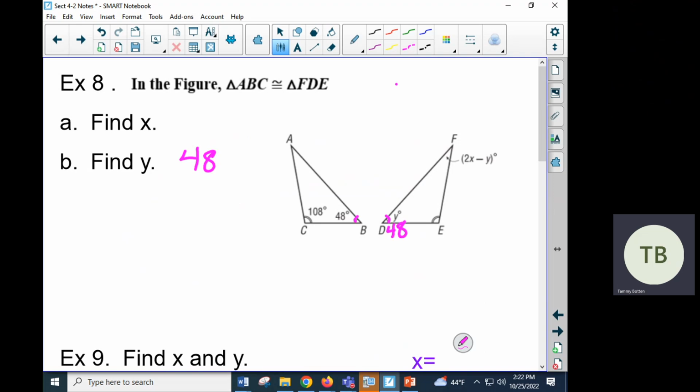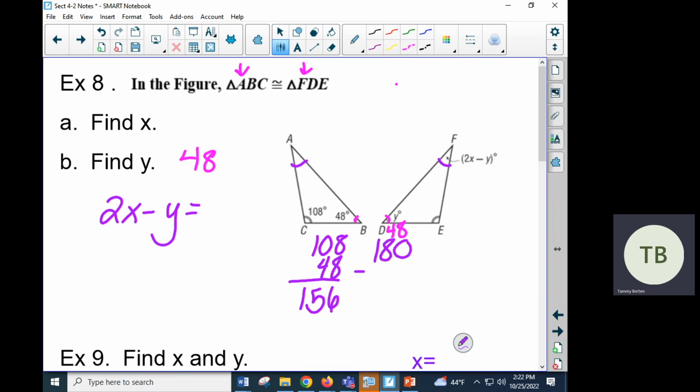Okay. Now angle F would equal angle A because they come first. So what we could say then is 2x minus y is going to equal this angle. Well, right now we don't know what that angle is, but if I know these two angles, could I find that? Yep. Don't I add these together and subtract from 180? If I take 108 plus 48, that's 156.